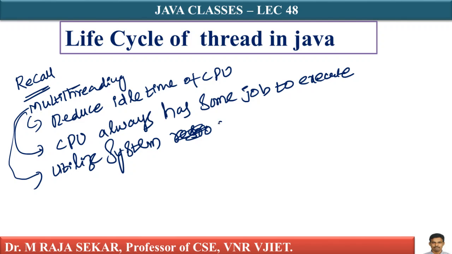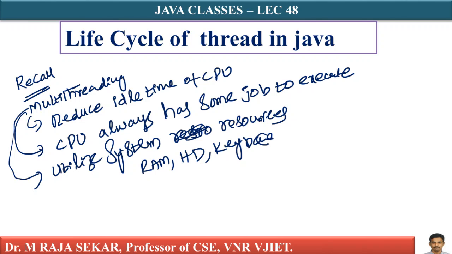What are the system resources? What is the meaning of system resources? In this context, system resources may be RAM, hard disk, keyboard, monitor. These are the resources, isn't it?